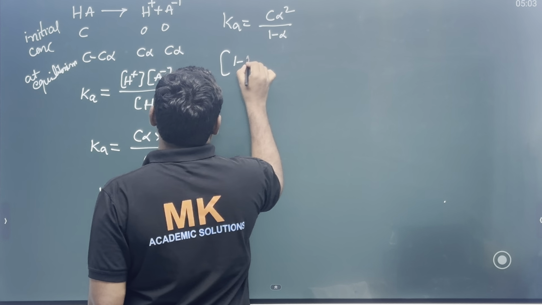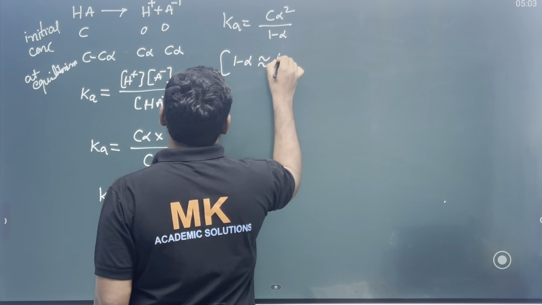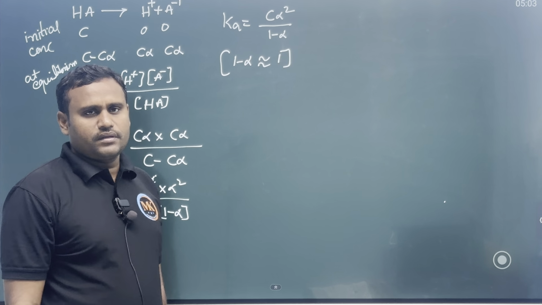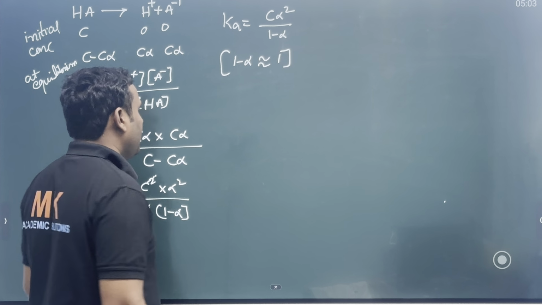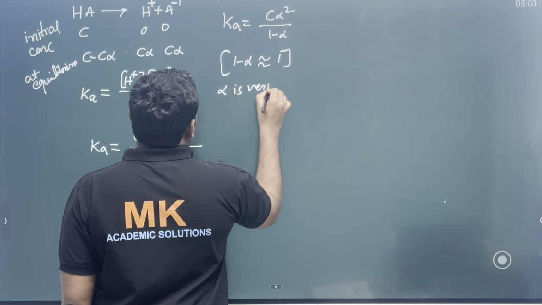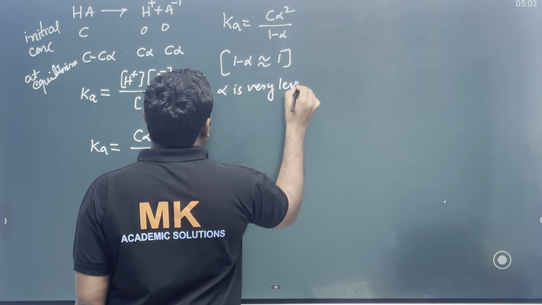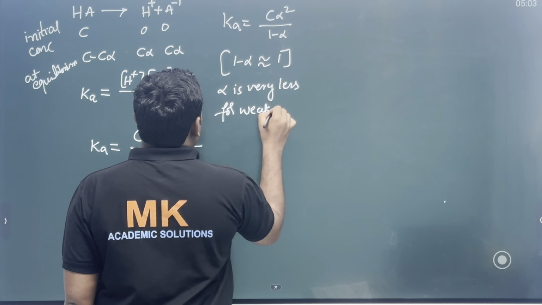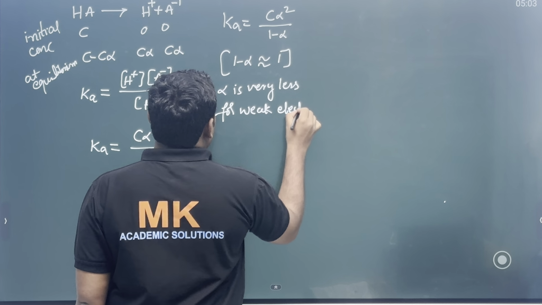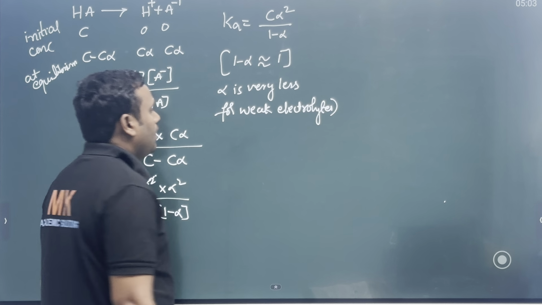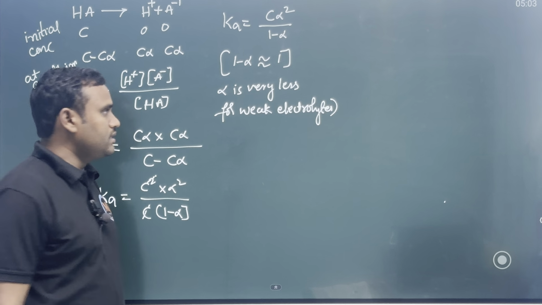See here, 1 minus alpha is nearly equal to 1 only. Why? Because alpha is very less for weak electrolytes.